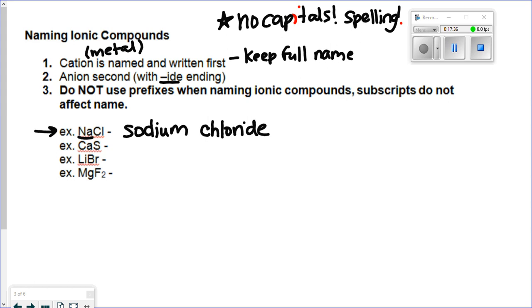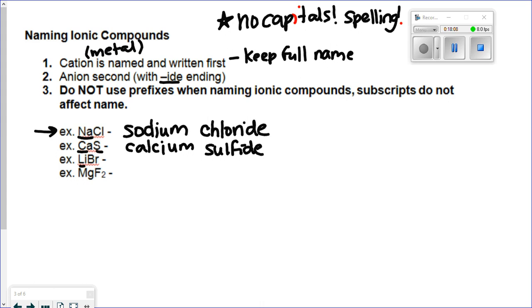It's not sodium chlorine, it's sodium chloride. Next one, CaS. Ca is our metal, calcium. S is our nonmetal, sulfur. So we will name this calcium, but we'll spell it right. Calcium sulfide.